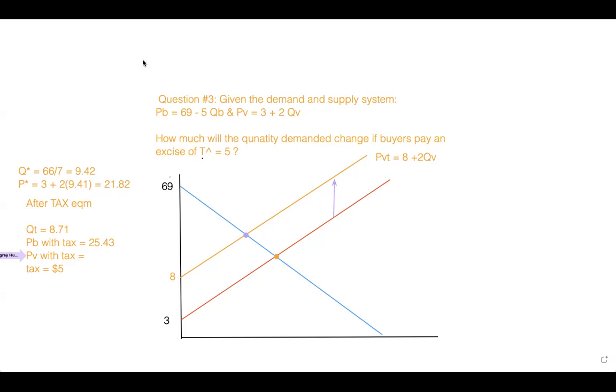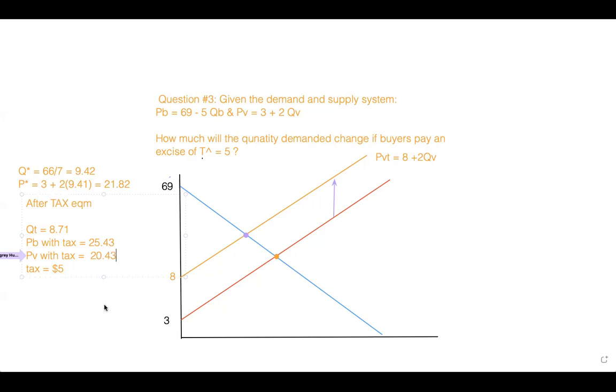And this is the next part. So Brian, do you know what the PV with the tax would be? Would it be 20.43? Yeah. And this is why I put the tax down there, because this is literally what you do: a buyer is going to take $25.43 out of their wallet, hand it to the seller, and then the seller is going to take part of that, $5 of it, and set it aside for the government, right?